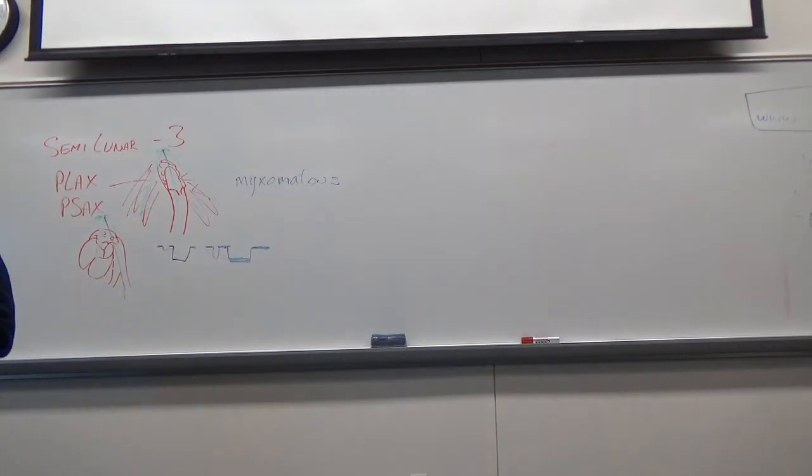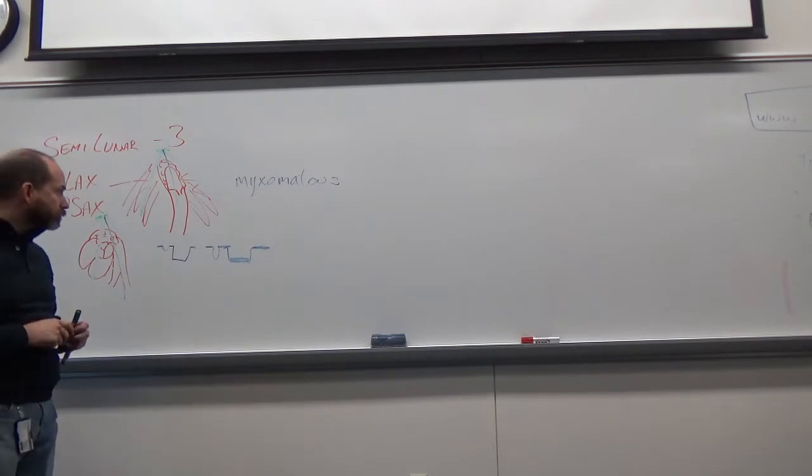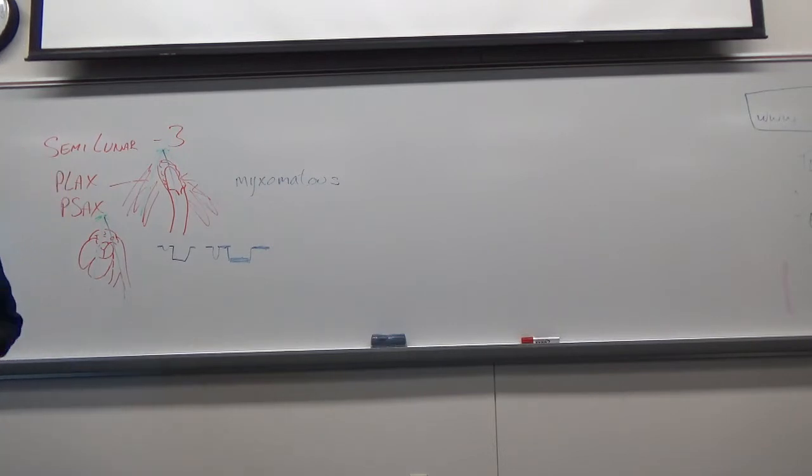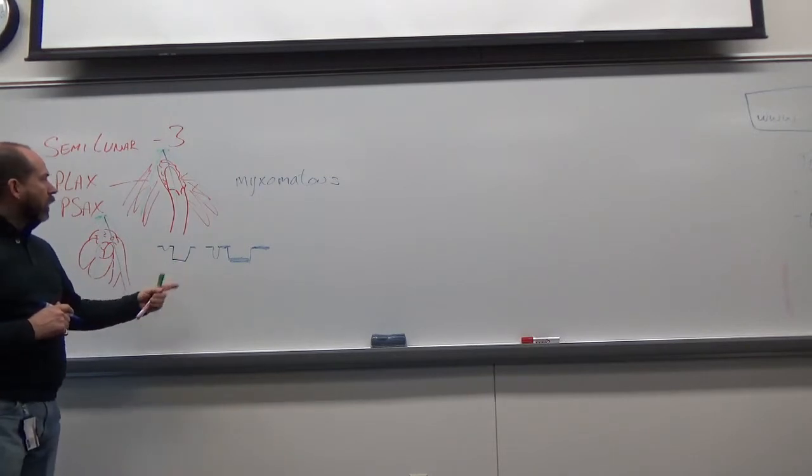Just know the thickness and what it's going to look like that way. Again, nowadays, I have not seen anybody do an M mode on a pulmonary valve in years. So I just want you to know it because it could still end up on registry. It's still in the book, per se. But honestly, it's unlikely that you'll see anybody doing it.